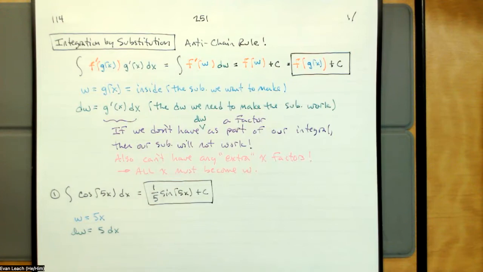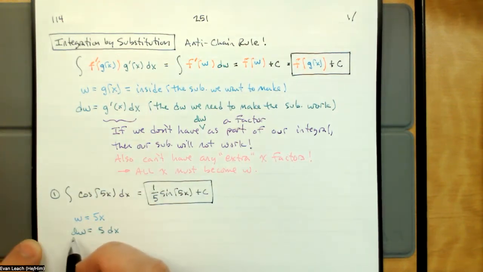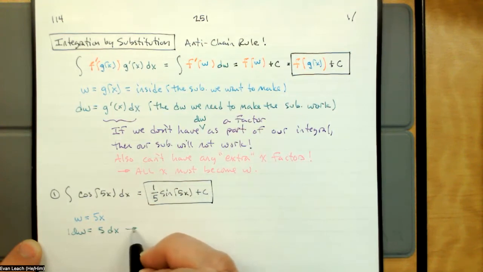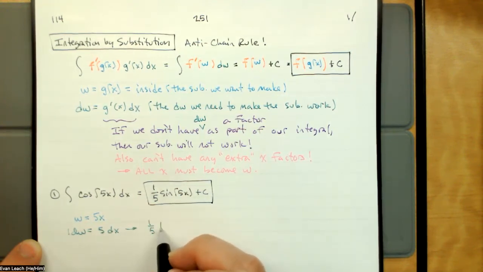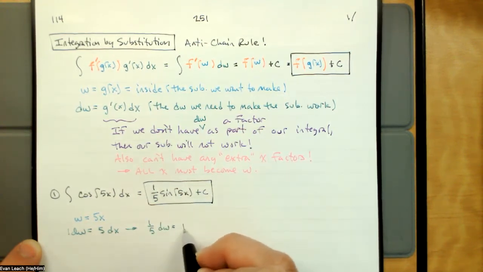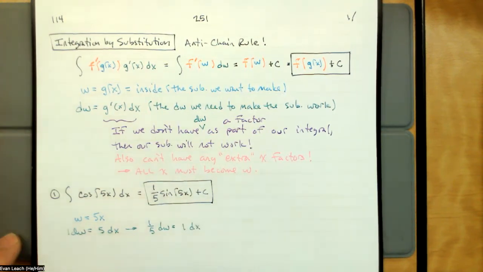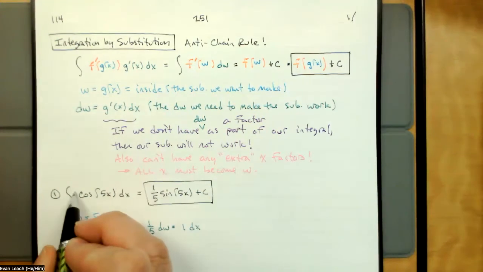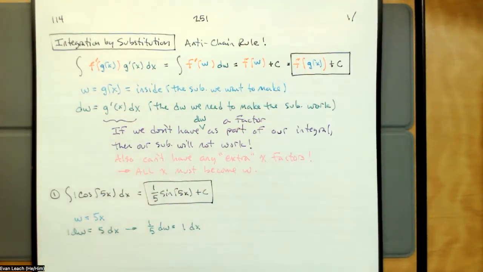We look at our integral and we have just 1 dx. We don't have 5 dx. So we have 1/5 of a dw. 5 dx is 1 dw, so 1/5 of a dw is equal to 1 dx.